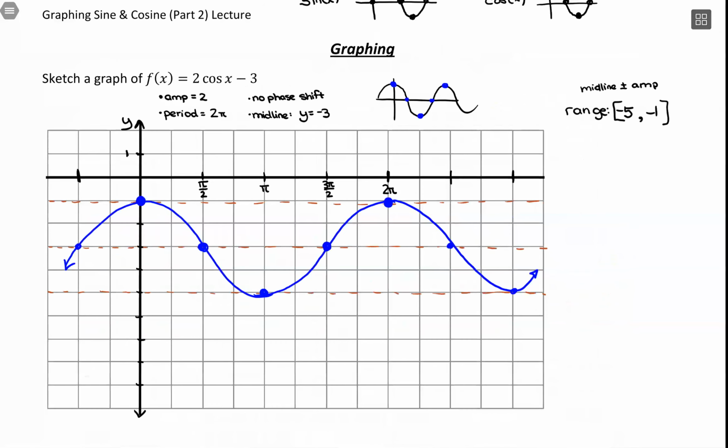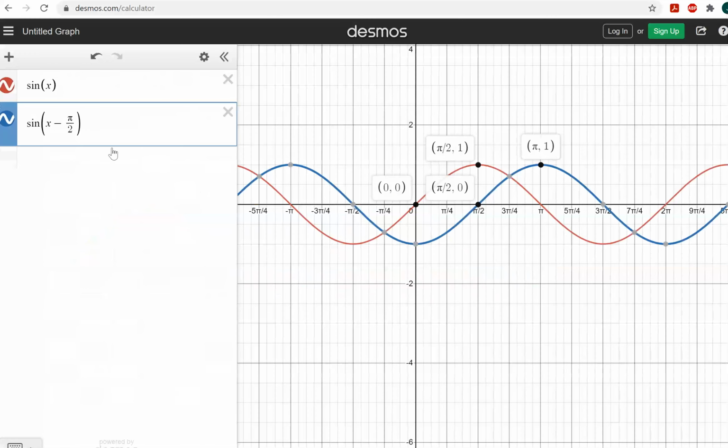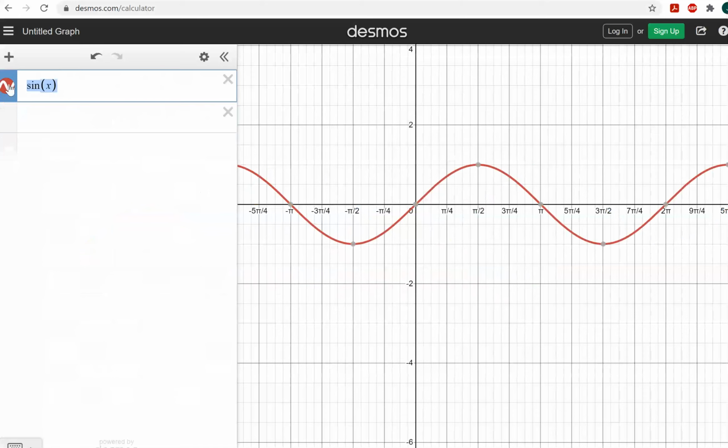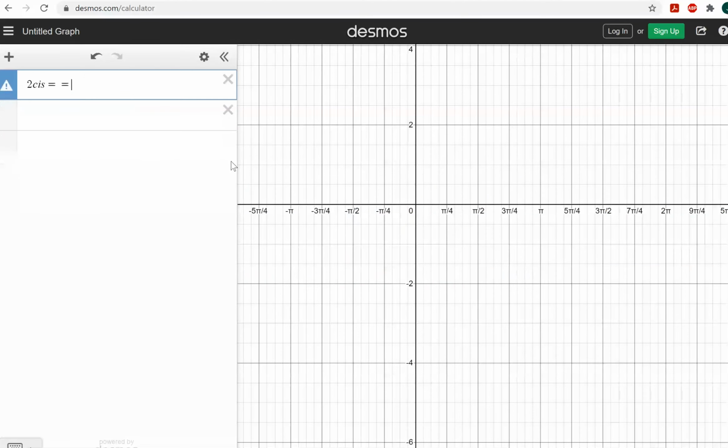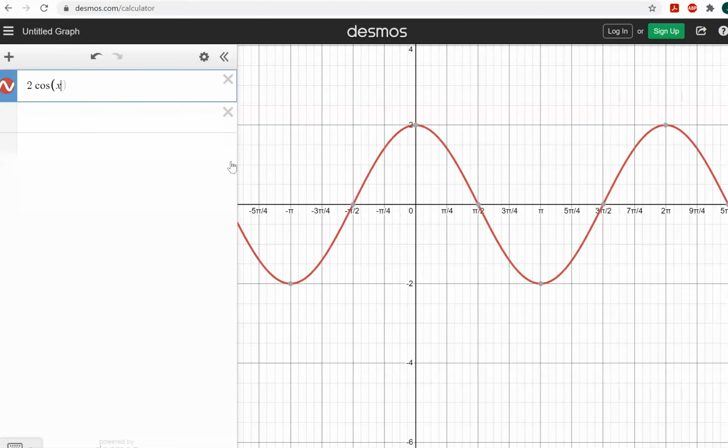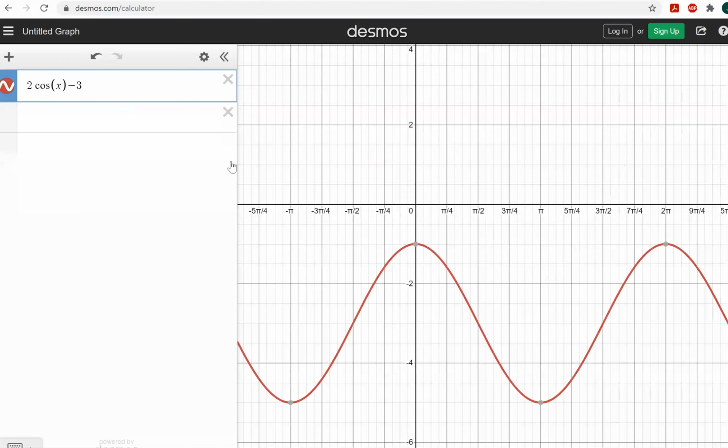And we do all of this work, and then a brilliant idea is to check your answer. And by that, we're going to go to Desmos. So I'm going to get rid of that graph, and I'm just going to plug in 2 cosine of x minus 3. Now I could just check some key points.